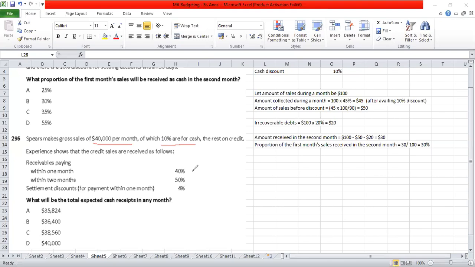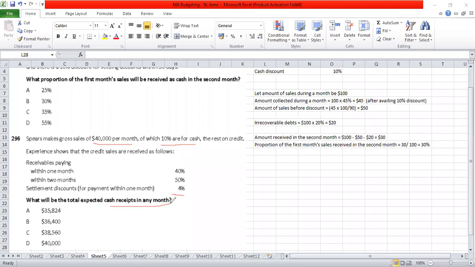So total 100% settled. But here there is one more thing, which is settlement discounts for payment within 1 month. So the ones who are paying in the first month also will avail a discount of 4%. So after the discount percentage, what is the rest of the amount? So what will be the total expected cash receipts in any month?